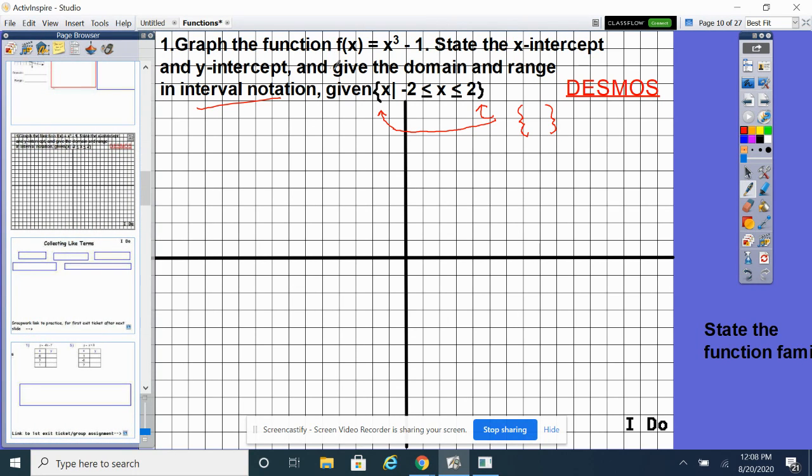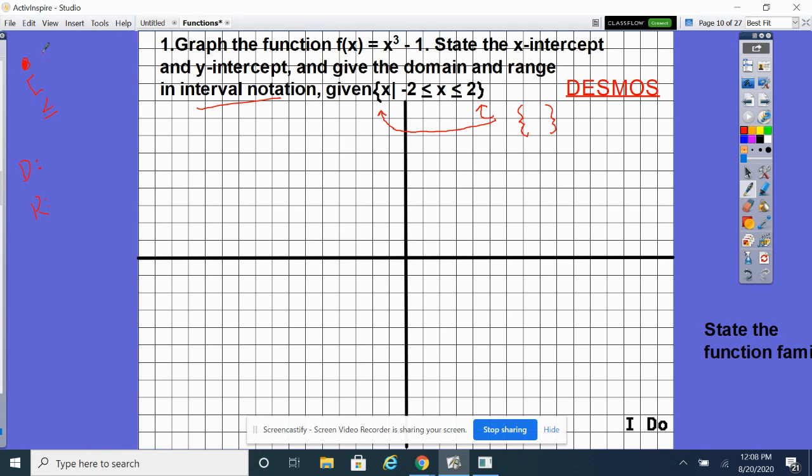If you have an open circle, it's going to be a parentheses. And again, the arrow, but this time you won't put a line underneath it. Since we have lines underneath both arrows, that means we need brackets for all our values. And for the domain, we're staying between negative 2 and positive 2.